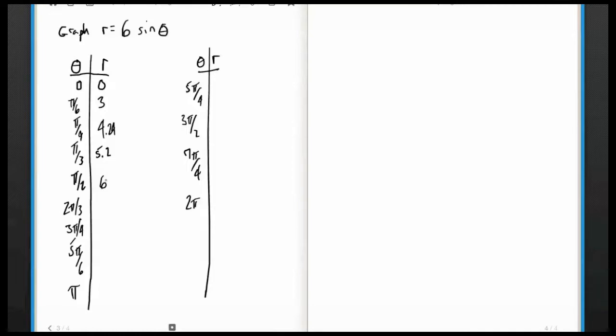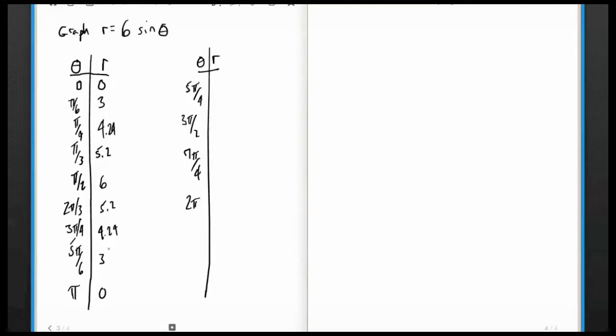Now we know that we're at the top of the unit circle. Now we're going to start working our way back down. So this is going to be symmetric about here. So when I go to 2 pi by 3, that'll drop down to 5.2, and that'll drop down to 4.24. And then down to 3, and all the way back down to 0.